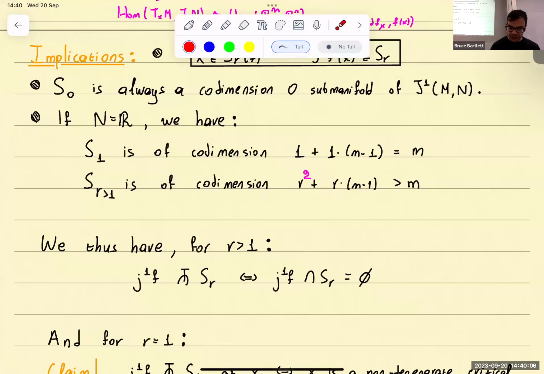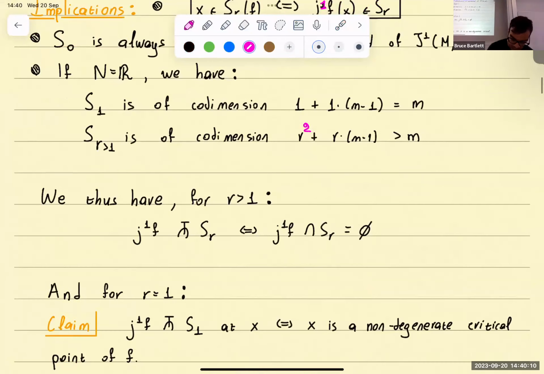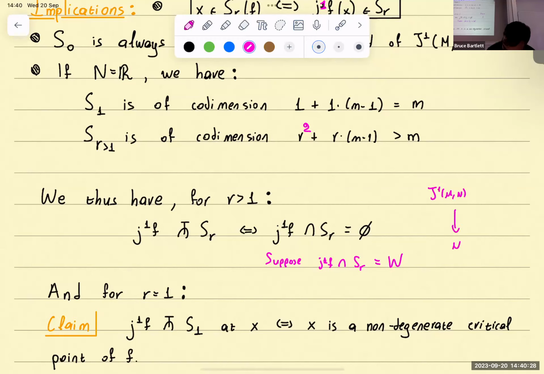I'm just saying, suppose that this wasn't empty. Suppose that J1F intersected SR in something that I'm calling W. Recall what the setup is. We have J1(M,N), we have M, and J1F is this map.